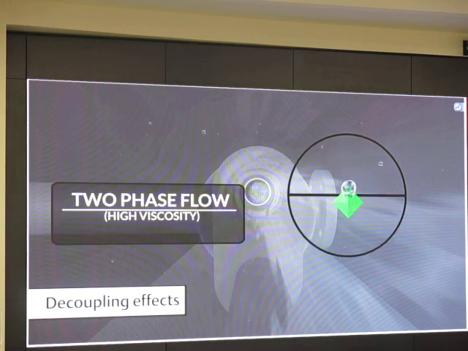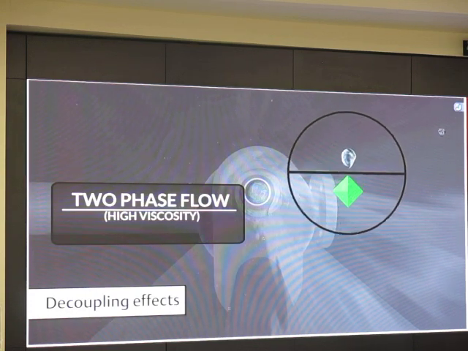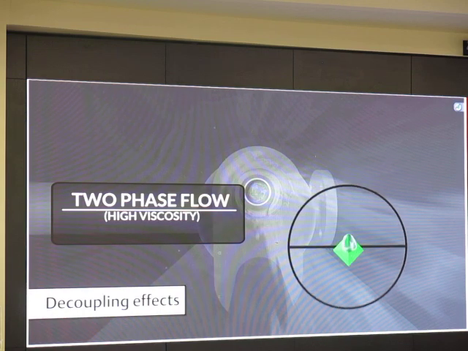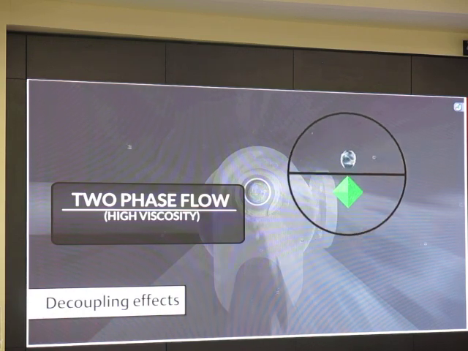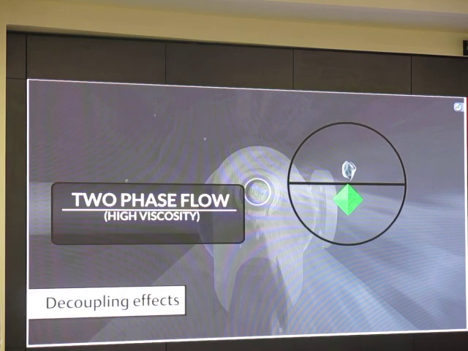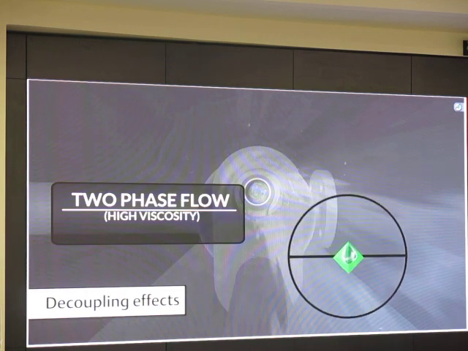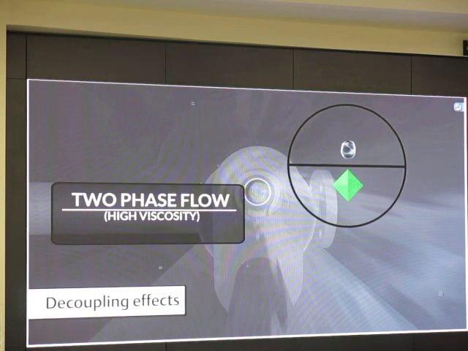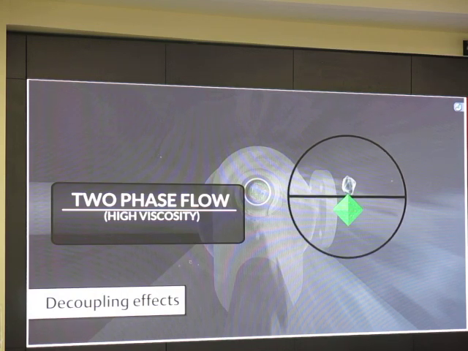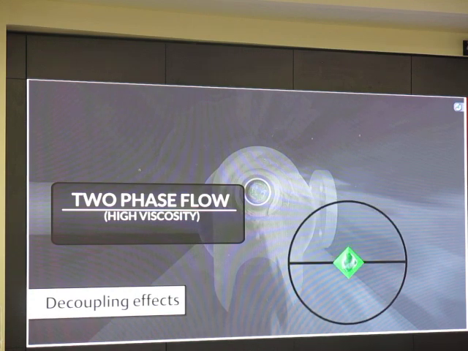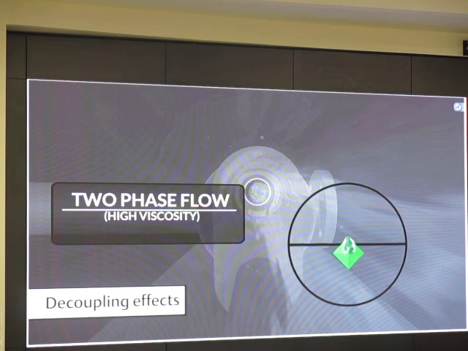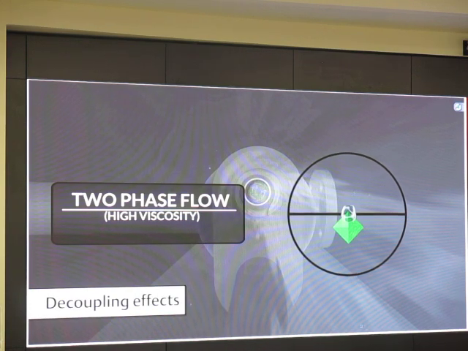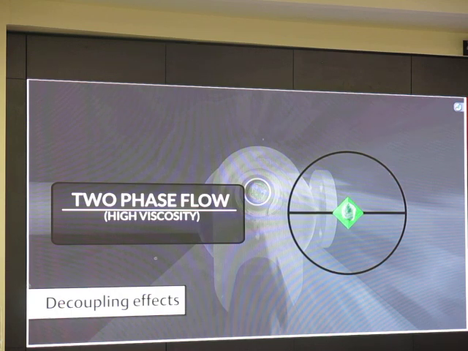However, in the case of two-phase flow, the bubble can move separately from the liquid, which ultimately causes the center of gravity to move separately from the flow tube center of gravity. And in the case of high viscosity, because the viscosity grabs onto the bubble, there's very little motion of the actual bubble, and therefore very little motion of the center of gravity. So we have very small errors.